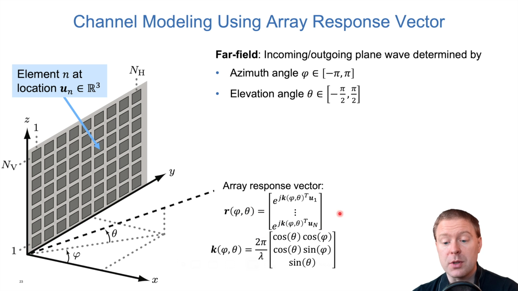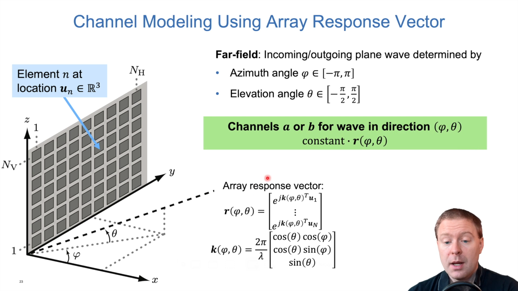So this array response vector will describe the phase shifts of that incoming plane wave. So if we would like to determine the channel vector a to the surface or the channel vector b from the surface, for a wave that comes in from a particular angle or is leaving at a particular angle, it will be a constant times this array response vector with respect to those angles.